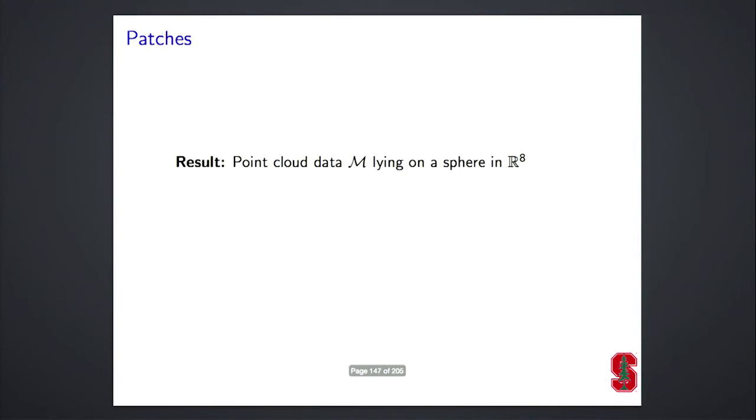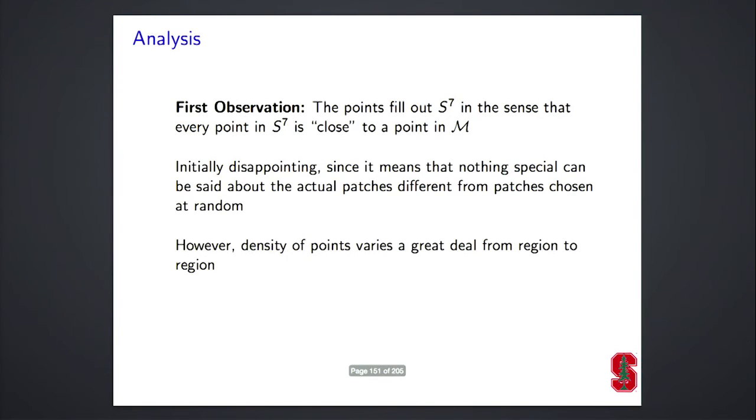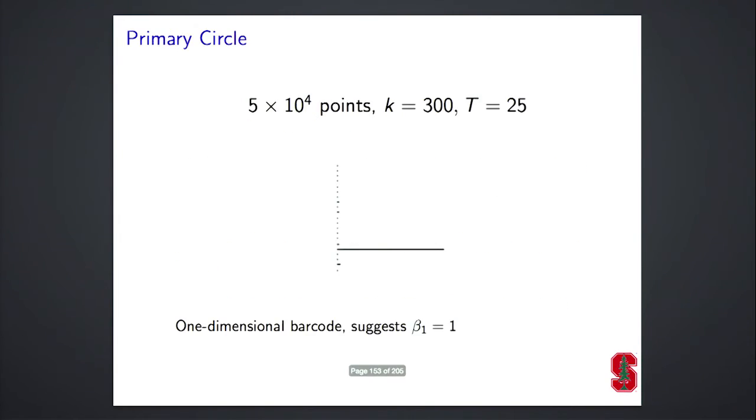It turns out, though, that even though there's a point everywhere in the 7-sphere, the density actually varies a great deal. So what we're going to study is the high-density part of the high contrast part. This is what comes out. This was a downsampling of 50,000 points.